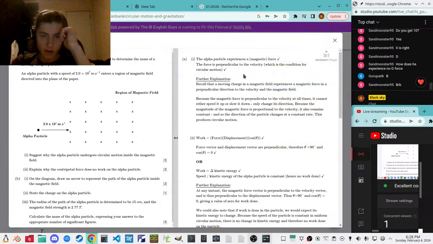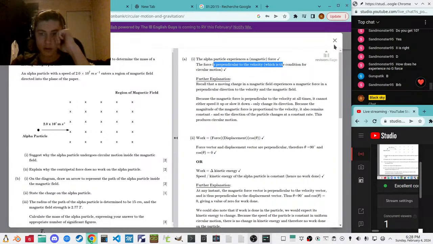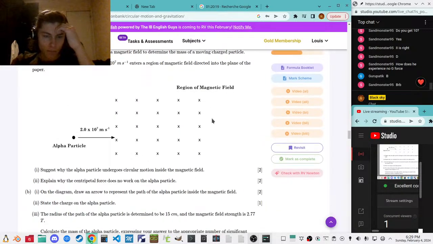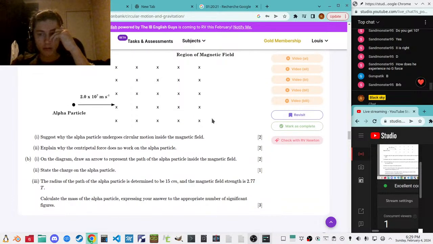Is that what they want? The particle experiences a magnetic force. The alpha particle force is perpendicular to the velocity, which is the condition for circular motion. Yeah, okay. Why do you need the first one? Okay, circular motion is the velocity. Okay.